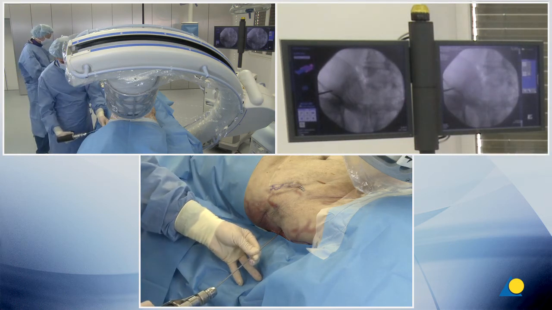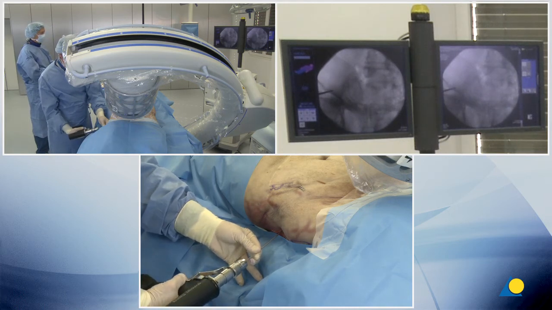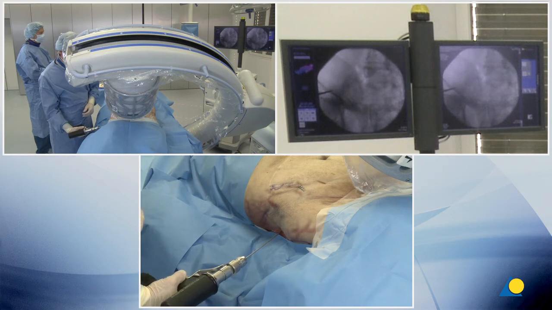Once the trajectory is correct, the guide wire may be drilled or hammered into place. By hammering, one has a better feel if the wire hits a cortex.